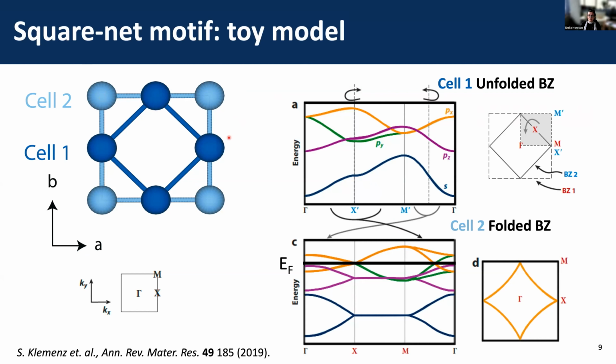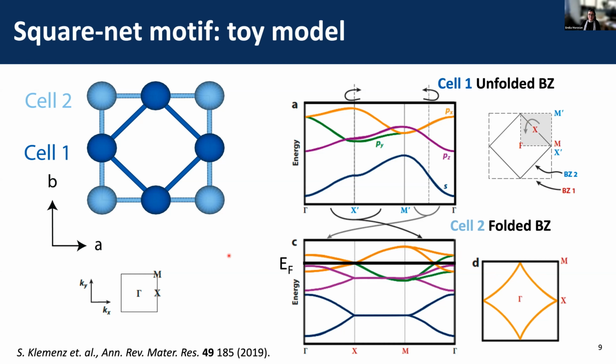You remember the consequence of folding the band structure is that several crossings occur, and they can occur at the Fermi surface when the band structure looks as shown here at the bottom.